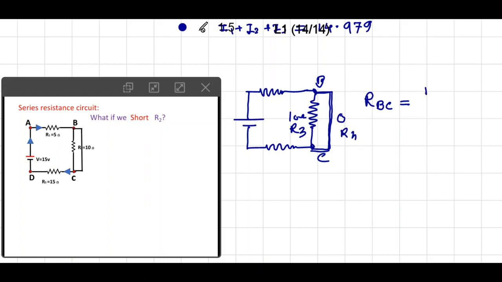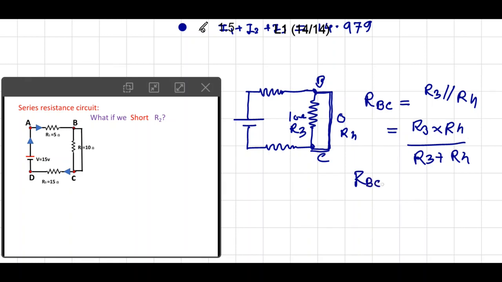It is a parallel combination of R3 parallel to R4, so the effective resistance is R3 R4 divided by R3 plus R4. Here the value of R4 is 0, so the resistance between B and C becomes 0 ohm.